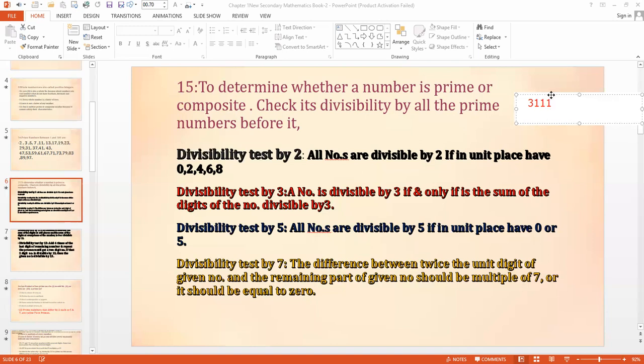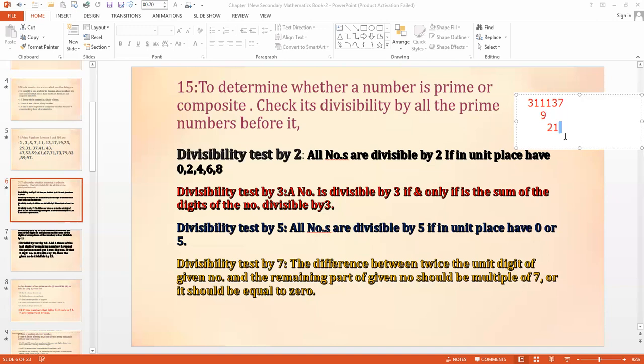First we take these two digits: 3 times 3 is 9. When I subtract, 11 minus 9 gives 2. From here I put 1, so it becomes 21. So 3 times 7 is 21. So 111 is divisible by 37: 37 times 3 is 111. Clear?